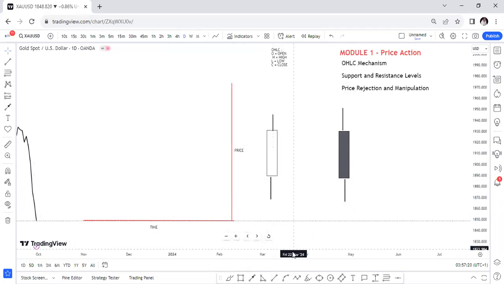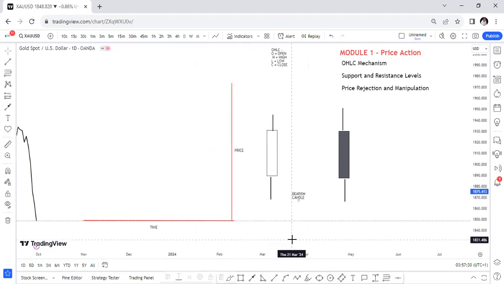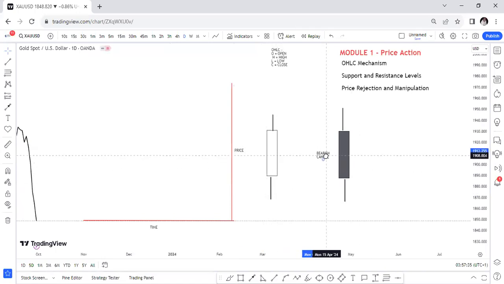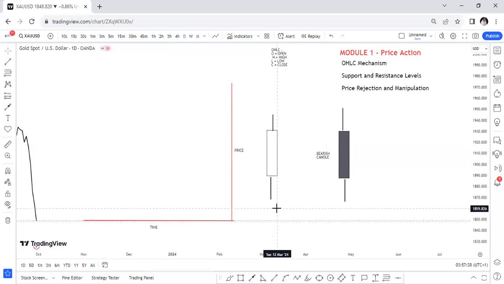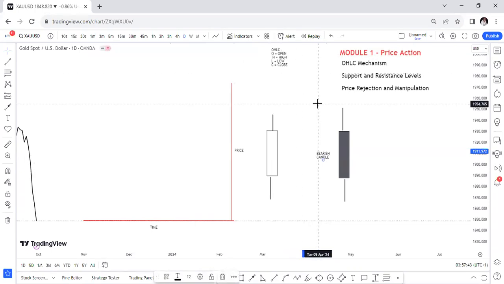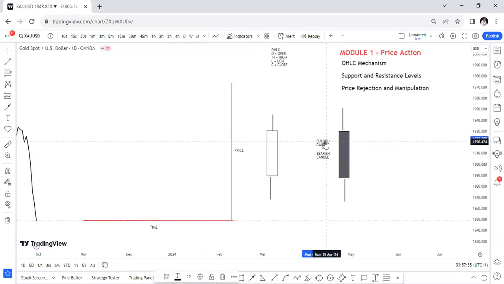So if this is bearish, we call this a bearish candle. This bearish candle represents the selling market. And this is a bullish candle, which represents the buying market.